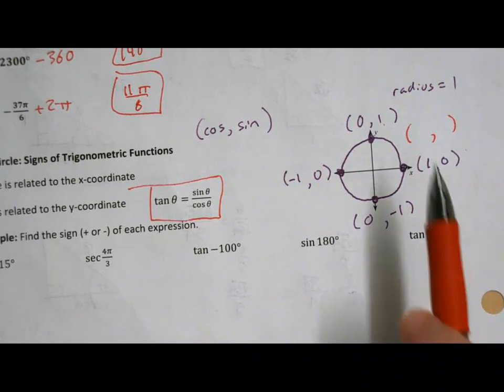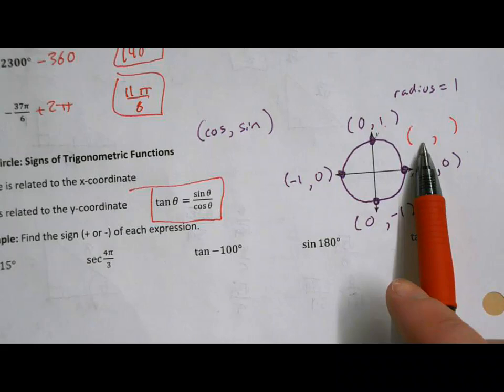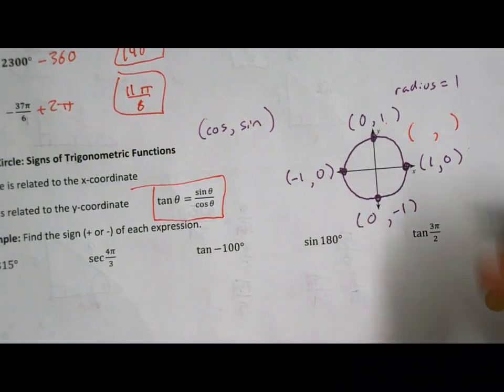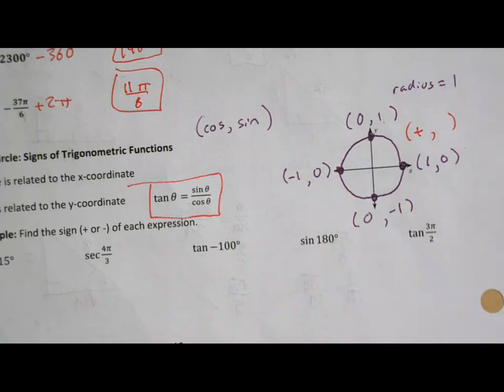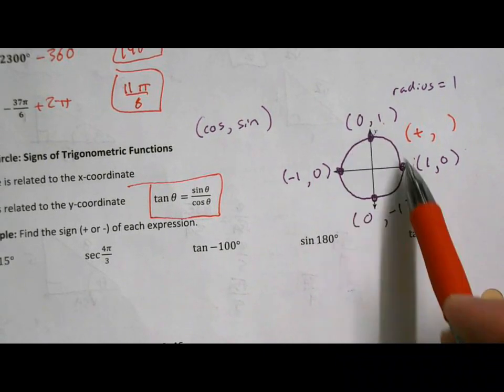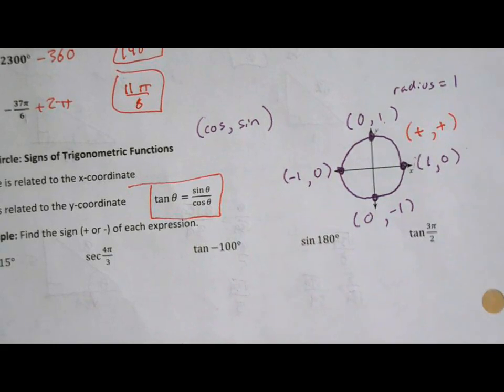Is cosine going to be positive or negative? Now, are x coordinates in this region positive or negative? If x coordinates are positive, then cosine's positive, because x goes with cosine. And in this region right here, are the y coordinates positive or negative? So then sine would also be positive.